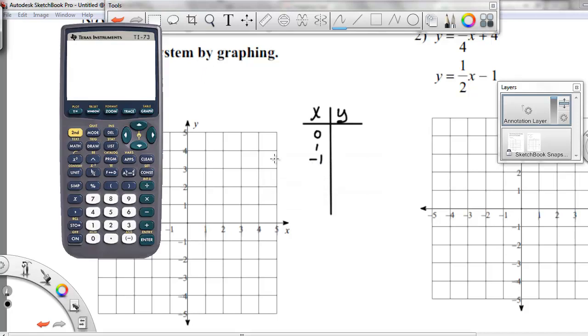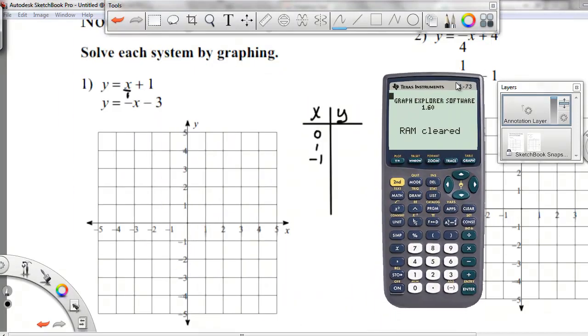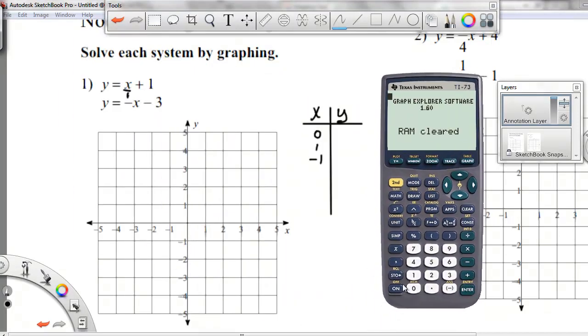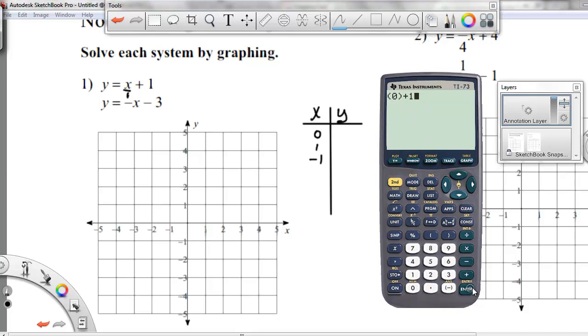And we plug in the equation. My equation is x plus 1, and x is what I'm substituting the 0 in for, so I will put that in parentheses. I'll add 1 to it. This is x plus 1, so 0 plus 1 equals 1.